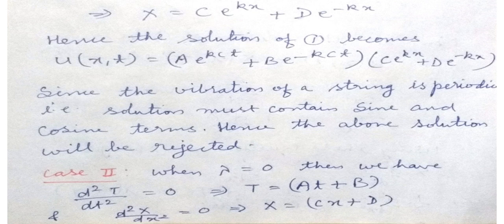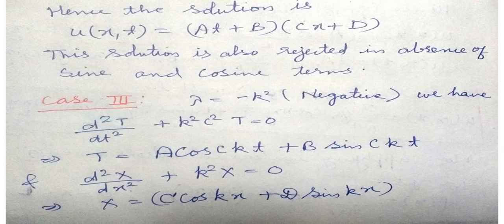Now we come to case second, when lambda equal to 0. In that case, we have d2T upon dt square equal to 0, which gives T equals At plus B, and d2X upon dx square equal to 0, which gives X equal to Cx plus D. Therefore, solution will be u(x,t) equal to (At plus B) into (Cx plus D). This solution is also rejected because sine and cosine terms are absent.